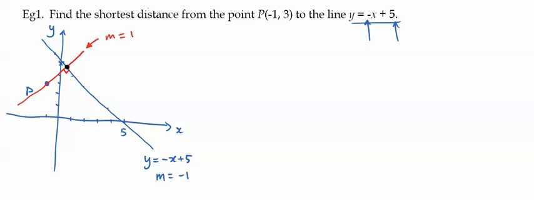And knowing we have this line passing through the point -1 and 3, if we have a point at -1 and 3 for this red line, I can now create the equation of this line using slope point form. Y minus y1 equals m times x minus x1.